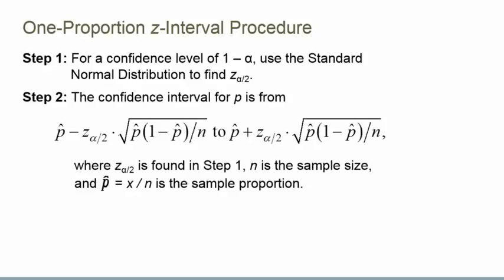The confidence interval for P is from P hat minus z sub alpha divided by 2 times the square root of P hat times 1 minus P hat divided by N, to P hat plus z sub alpha divided by 2 times the square root of P hat times 1 minus P hat divided by N, where z sub alpha divided by 2 is found in step 1, N is the sample size, and P hat equals X divided by N is the sample proportion. Step 3. Interpret the confidence interval.